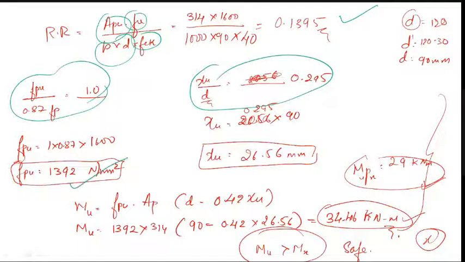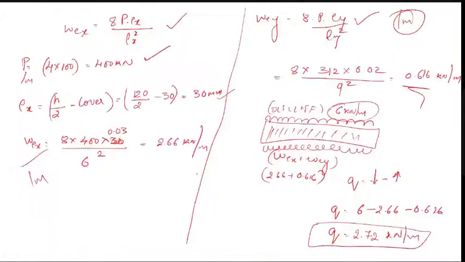Calculate fpu, xu, and calculate the ultimate moment. Just check whether it is greater than the permissible one or not. If so, it is safe. Similarly, go for the y direction.